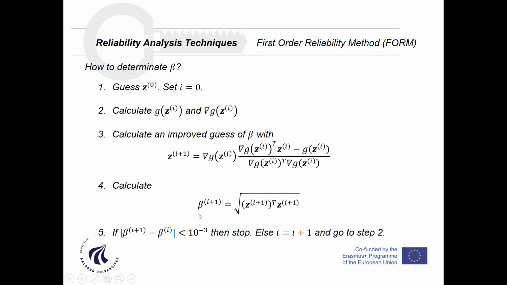Then we are going to calculate the beta value as the expression shown in point 4, and we are going to compare it to the previous value. And every time that we don't observe any variation, then we are going to stop. In other cases, we are going to continue iterating until we reach our tolerance.